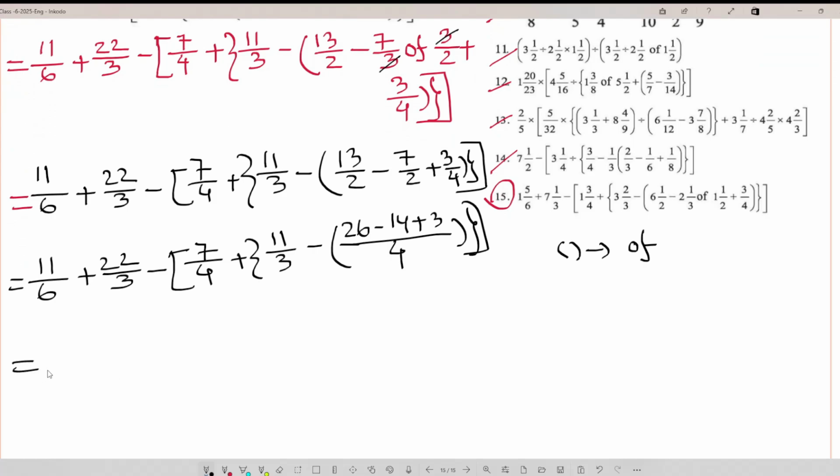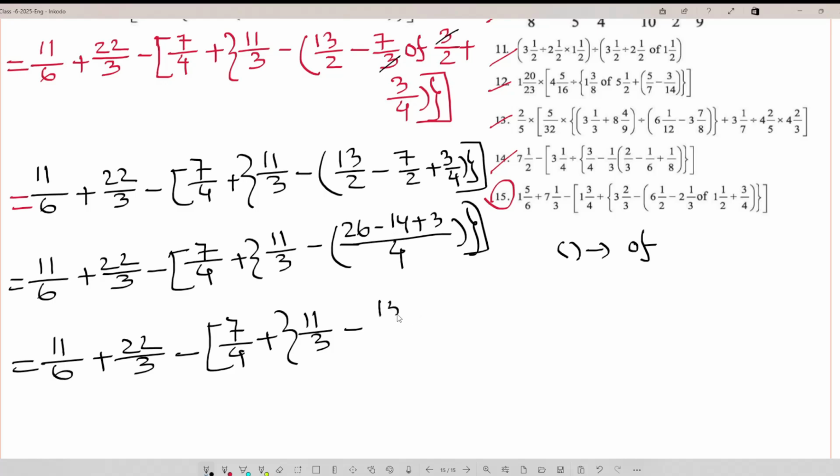Now 11 by 6 plus 22 by 3 minus 7 by 4 plus 11 by 3 minus, here is 26 plus 3 is 29, 29 minus 14, so it's 15 by 4. Second bracket and third bracket closed because first bracket is done.